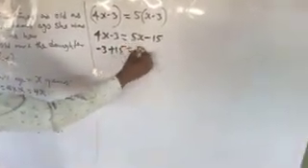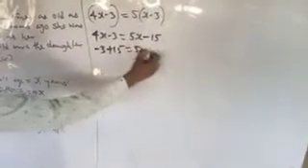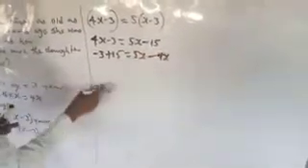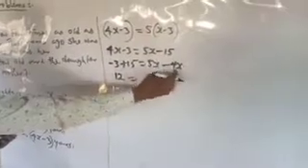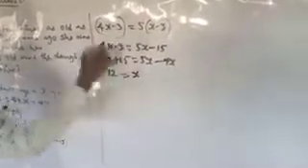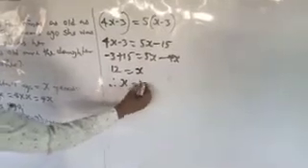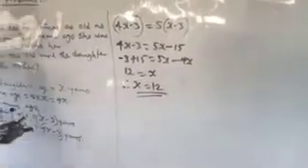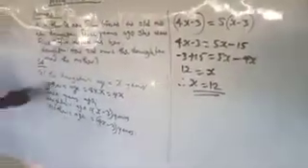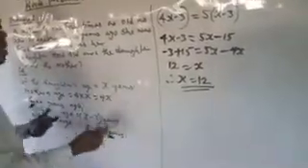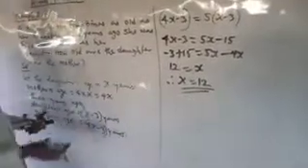Then we have 5x, and bringing 4x across it becomes negative 4x. So 15 minus 3 gives 12, then 5x minus 4x gives x. So therefore, x is equal to 12. Remember we said this x represents the daughter's age.